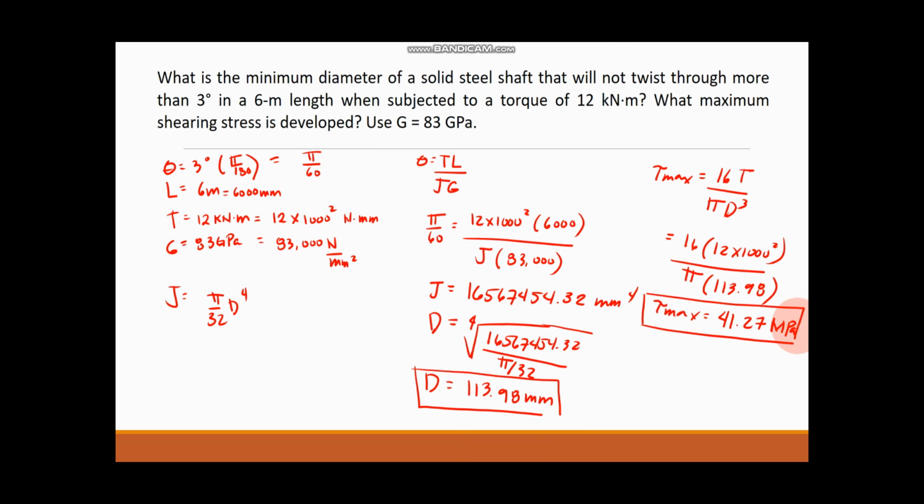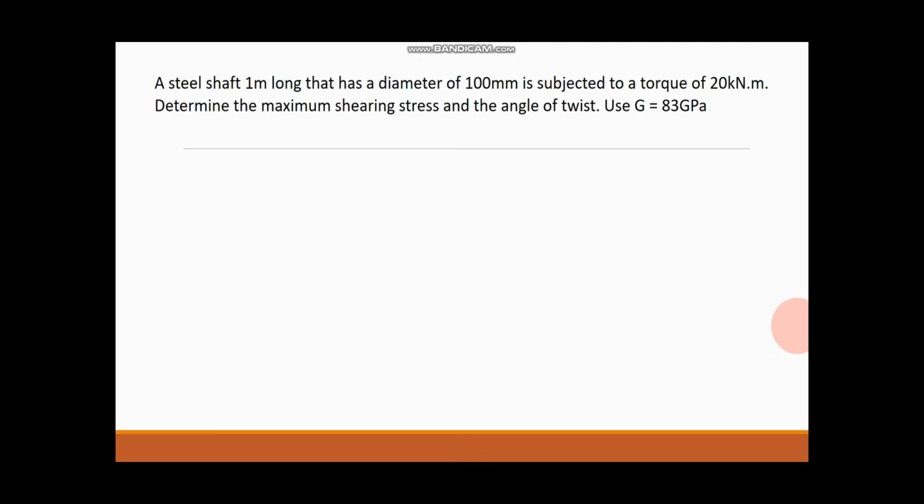For the next problem, a steel shaft 1 meter long that has a diameter of 100 millimeter is subjected to a torque of 20 kilonewton meter. Determine the maximum shearing stress and the angle of twist. The shear modulus is equal to 83 gigapascal.